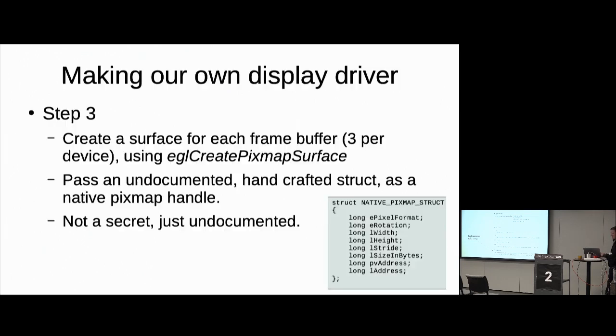And they gave us a specification, which is in the right corner, for what struct you're supposed to pass to this API in order to give it access to precisely the type of memory that we had allocated. So it's not secret, it's just undocumented.